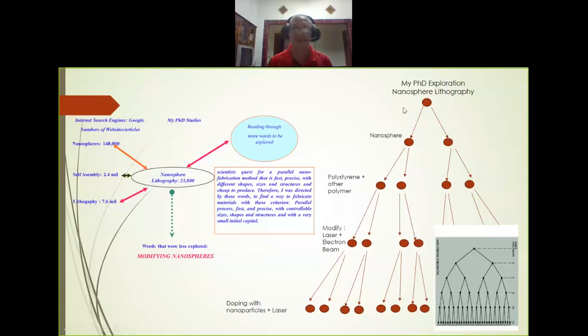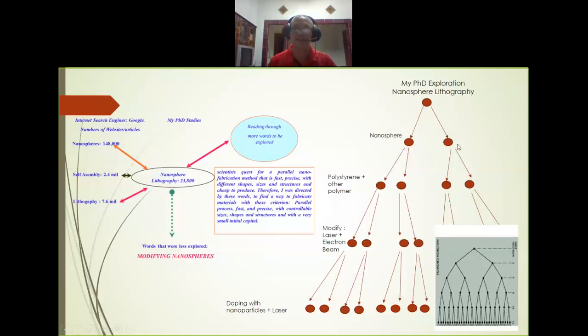So just like my nanosphere lithography, I found out about nanospheres. I found about lithography, and lithography I know involves electron beam, which is related to here. And of course lithography is about how to accelerate the electrons for electron beam lithography, or how the wavelength is produced and reacts with your polymer.